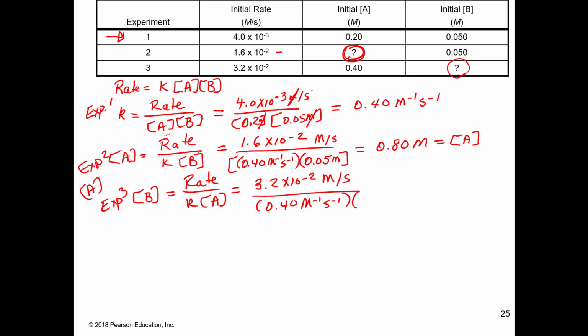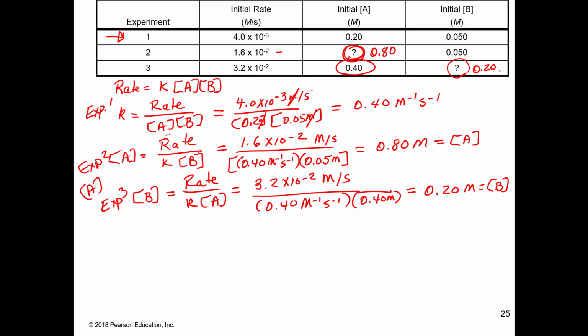And then times the concentration of A in this experiment, which was 0.4 molar. All right, and so when I do all that math, I'm going to come up with 0.20 molar for the concentration of B. So this concentration was 0.8 and this concentration was 0.20.